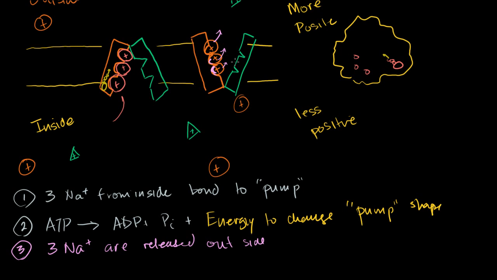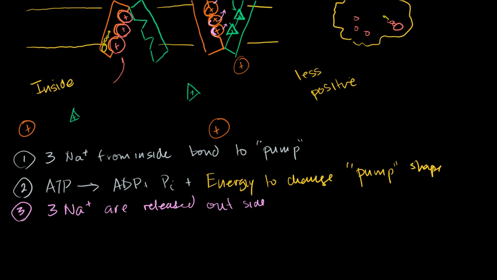Now, once it's in this configuration, we have all these positive ions out here. These positive ions want to get really as far away from each other as possible. They'd actually probably be attracted to the cell itself because the cell is less positive on the inside. So these positive ions, and in particular the potassium, can bond at this side of the protein when it's in this, I guess we could call it, activated configuration. So now, I guess we could call it step 4.